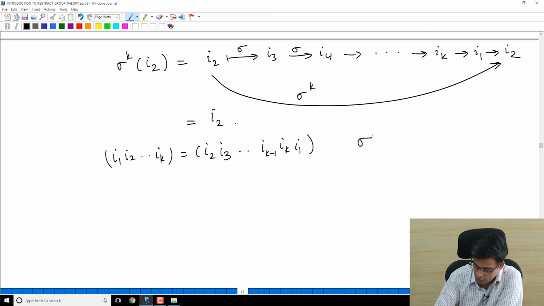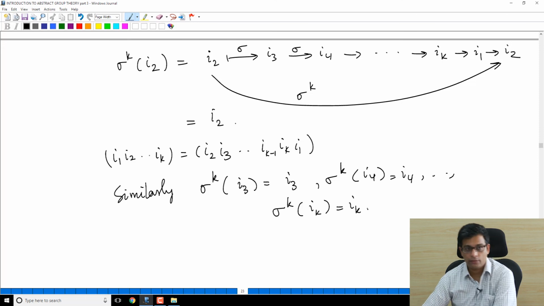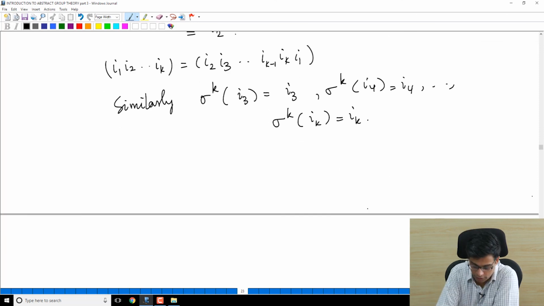Similarly sigma k of I3 is I3, sigma k of I4 is I4, and so on. Finally sigma k of Ik is Ik. So we have sigma k is the identity element, right?